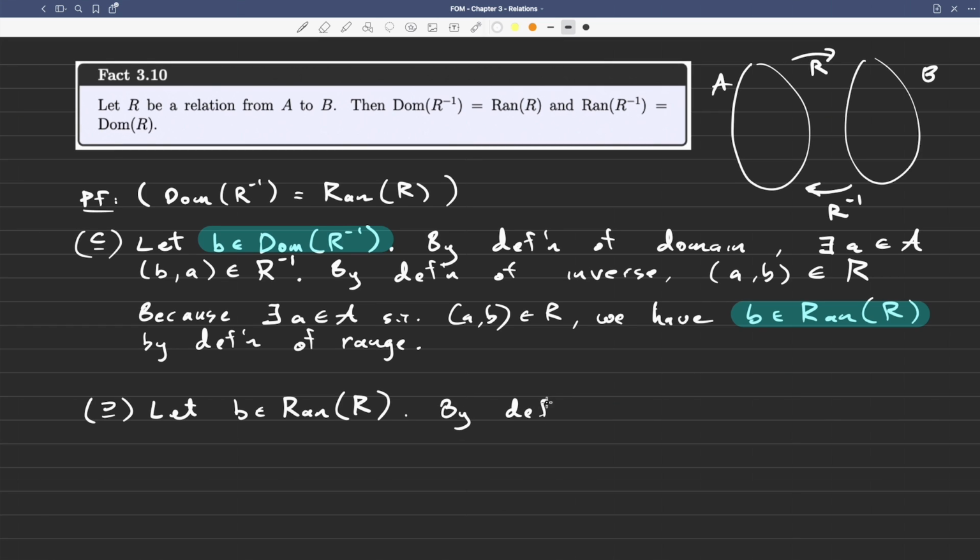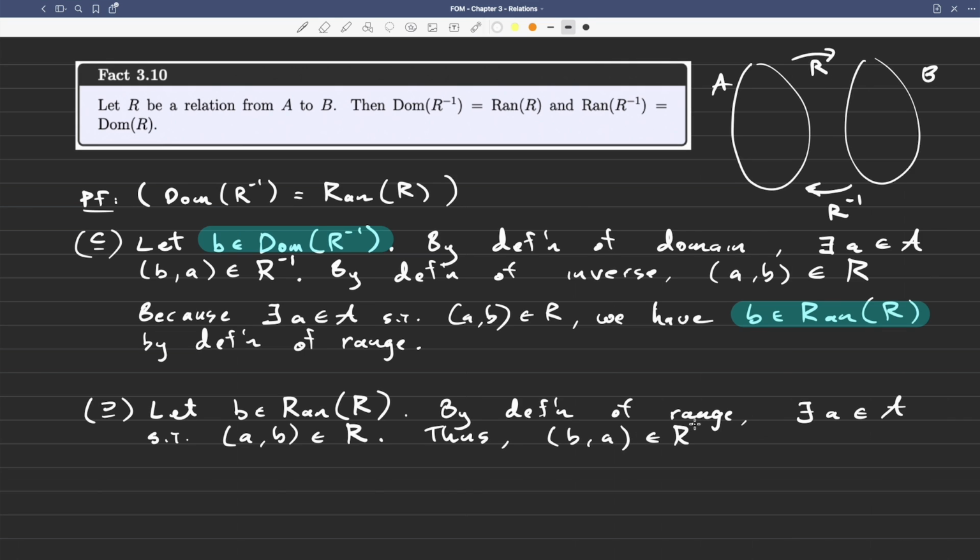By definition of range, there exists some little a in big A such that the ordered pair (a, b) is in R. And now when you get to talking about the inverse, thus the ordered pair (b, a) is in R inverse by definition of inverse.